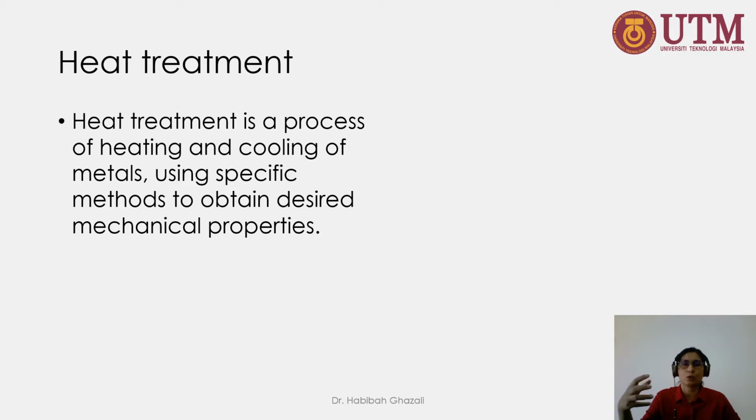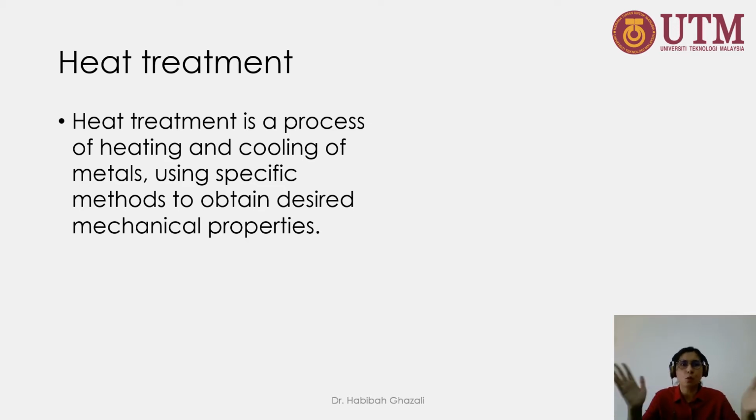Or let's say you want to draw steel, so you want to make its shape smaller and smaller, so you will conduct extensive cold working. After some percentage of cold working, the metal will be brittle. So what we need to do is perform an annealing process to change its microstructure so that this material can become softer or ductile again. So we perform what we call process annealing.